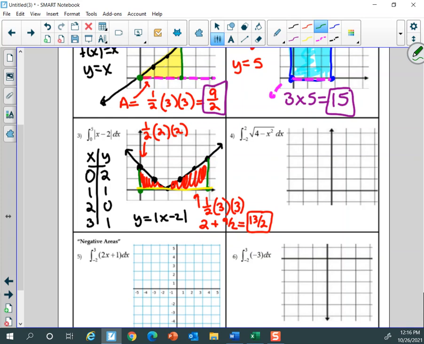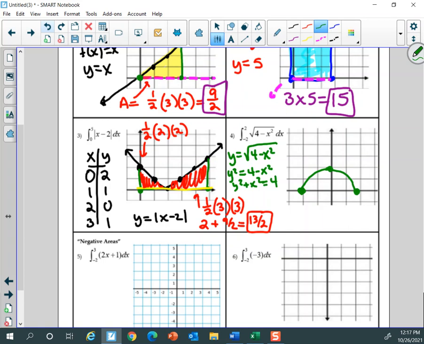Now, question 4 might take you a while to think through. It's not a very nice drawing. I'm not a very good sketcher. This is a half of a circle. We're looking at y equals the square root of 4 minus x squared, or y squared equals 4 minus x squared, or y squared plus x squared equals 4.